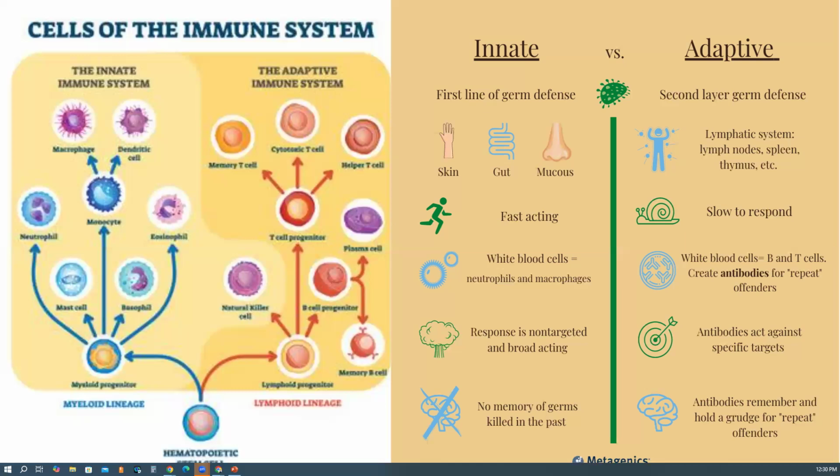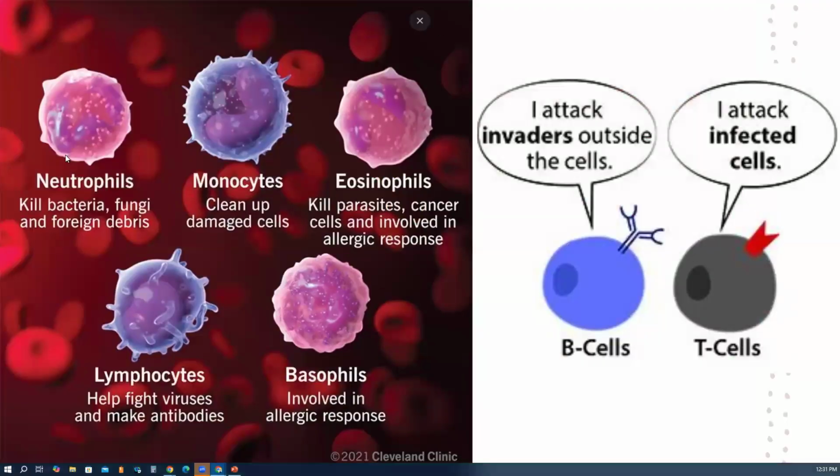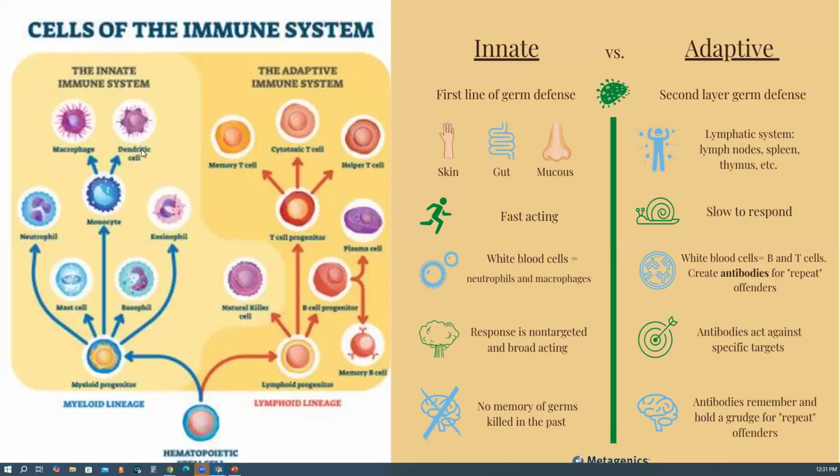Our body's going to have a very similar response on the first line side, the coughing and things like that. On the second line side, or the non-specific immunity, that's when these innate immune cells come into play. If you remember, neutrophils do bacteria and fungus. So the neutrophils will go out and start trying to attack this fungus.